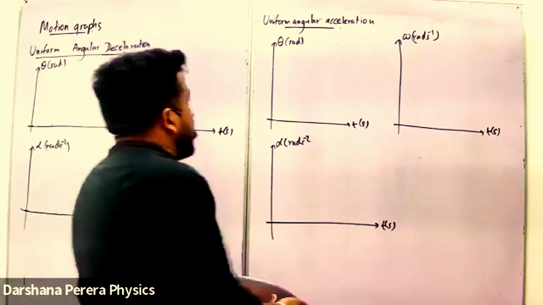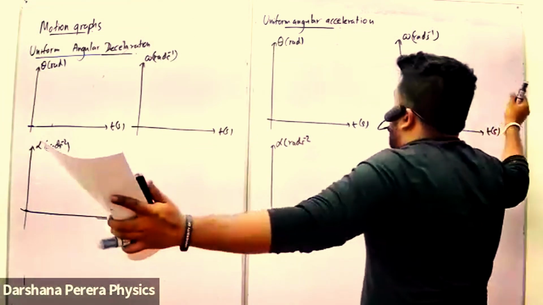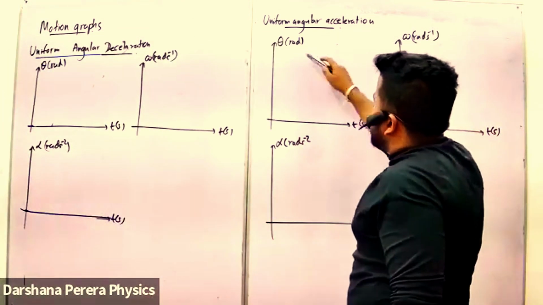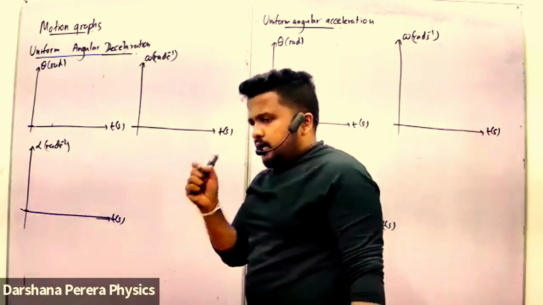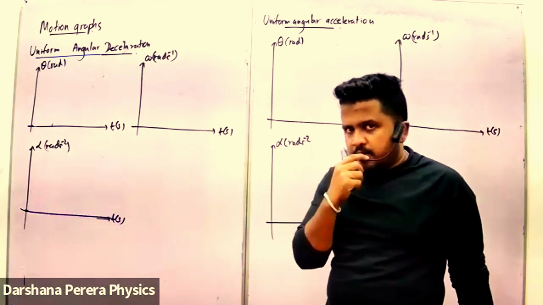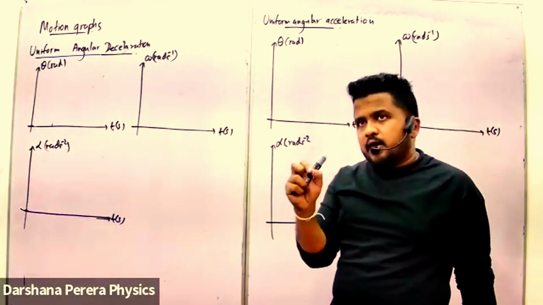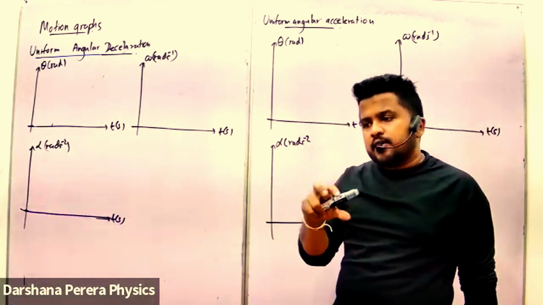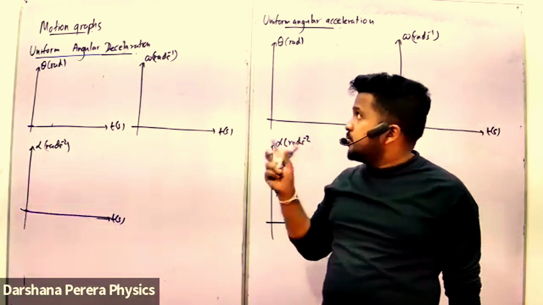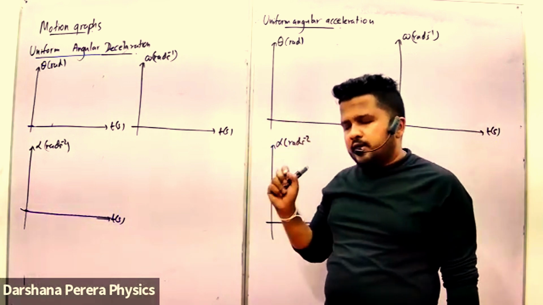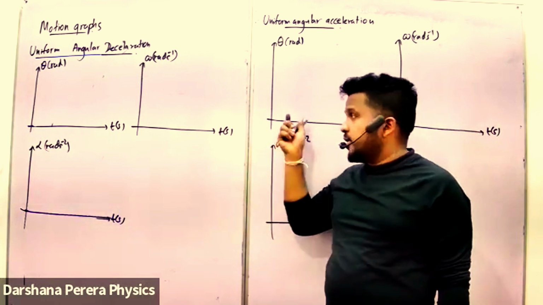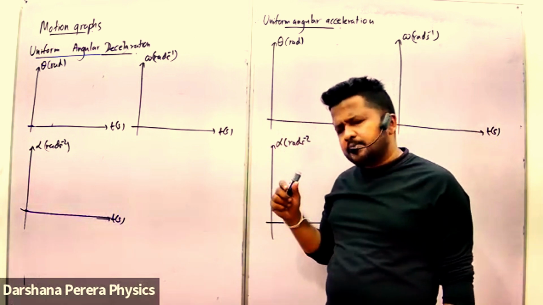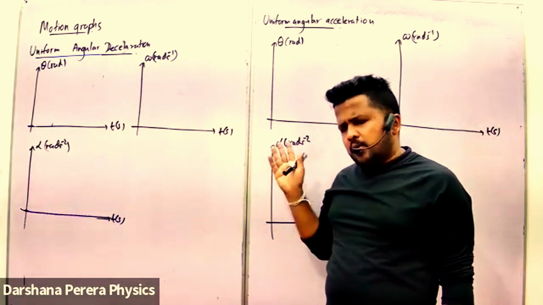In linear motion, acceleration, the displacement time graph, how can we draw? In the displacement time graph, what is the gradient? The gradient of the displacement time graph is velocity.